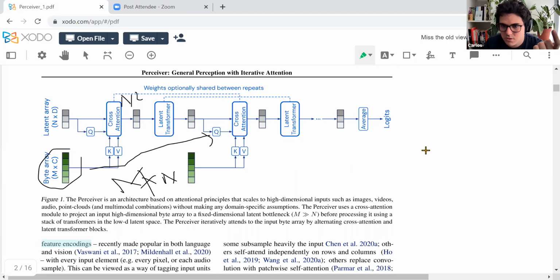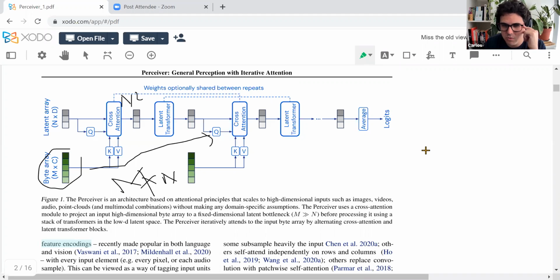So the output of Q and K should match, because you have to do Q times K transpose. So if they just choose D to be the same dimension as the output of Q, then you don't really need to do that Q transformation.